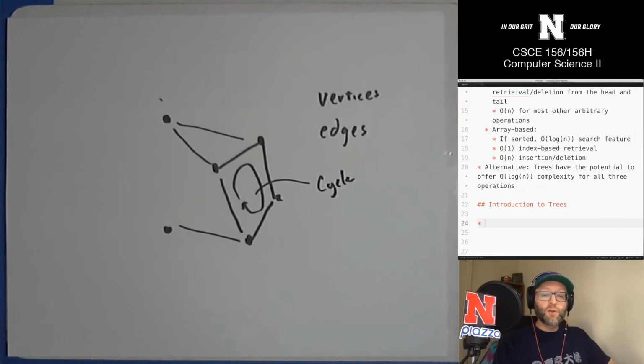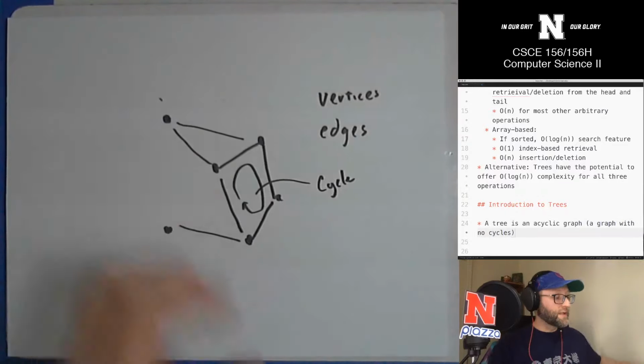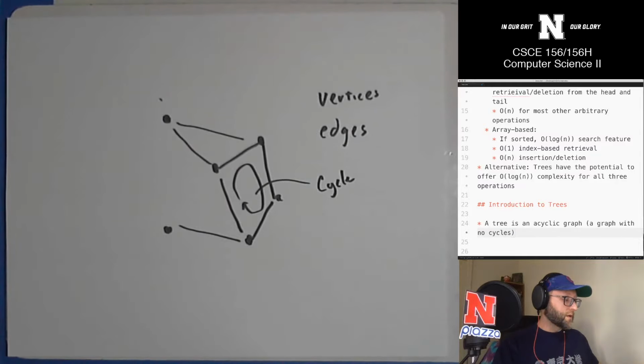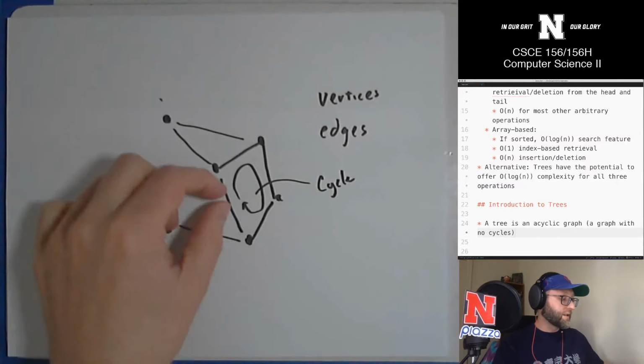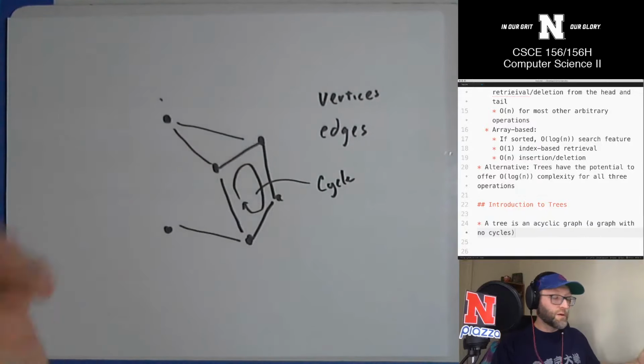So what a tree is, a tree is an acyclic graph, right? That is a graph with no cycles. So this is not a tree right here. To make this a tree, I would have to delete at least a couple of these edges, in order to take away all the possible cycles.